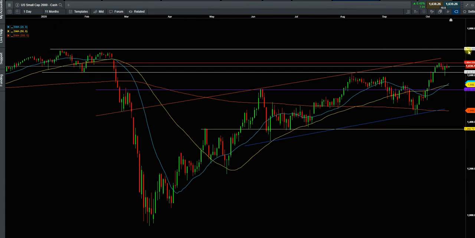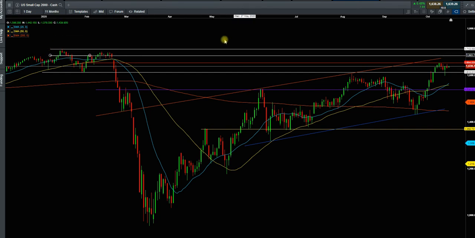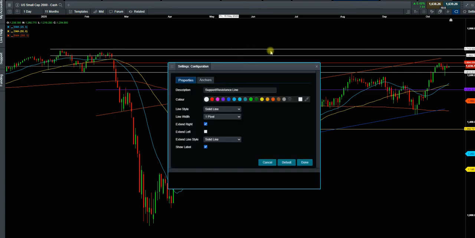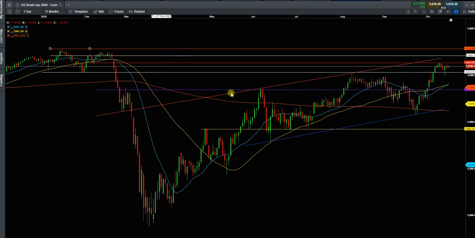Yeah, it's going to be 1713. That's going to be a major top for Russell 2000. So be careful about this level. However, I think we're going to test this area. Let me just put it there, right there. And then it's going to be another.